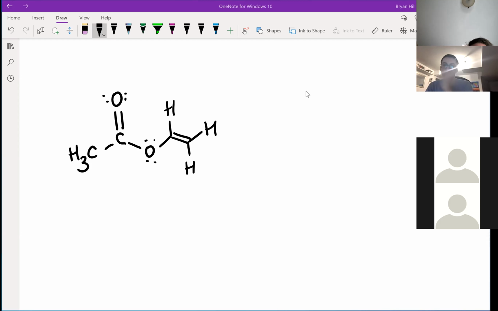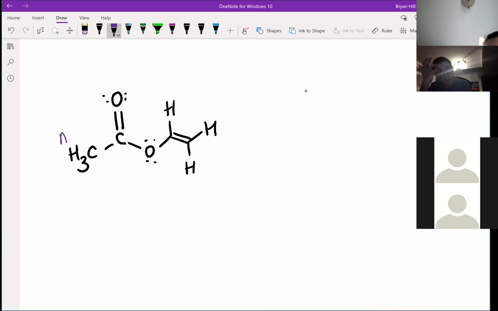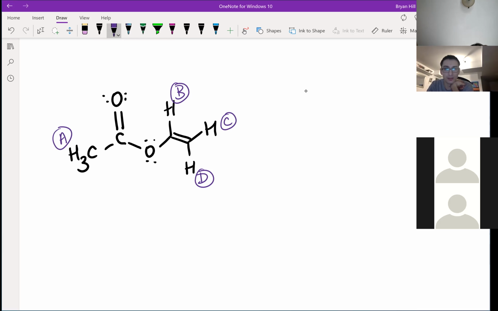Right. So we would see basically 4 different signals if we had a good spectrometer. I'll label these 3 over here A. I'll label this one here B, C, and D. The 3 protons on the ring are all different from one another, because proton B is on the same carbon as the oxygen, proton D is cis to the oxygen, and proton C is trans to the oxygen.